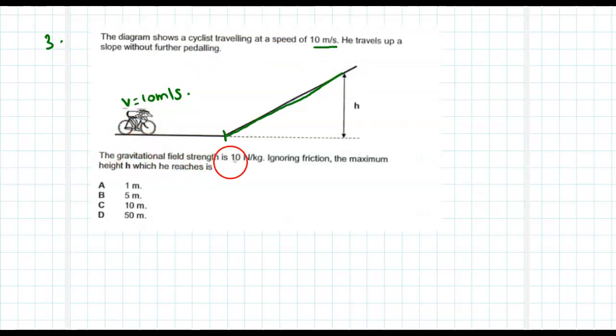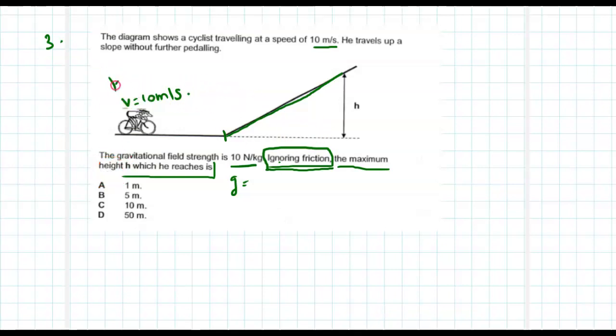The gravitational field strength g is given as 10. Ignoring friction, so there is no energy loss. The kinetic energy will be converted into gravitational potential energy as he goes up against gravity. He is gaining gravitational potential energy. We have to find the maximum height h which he reaches.